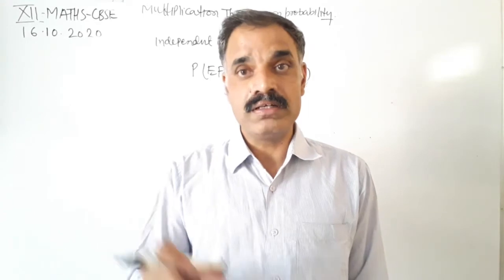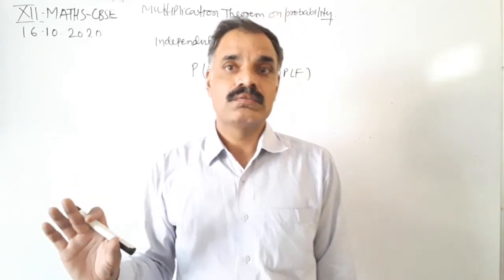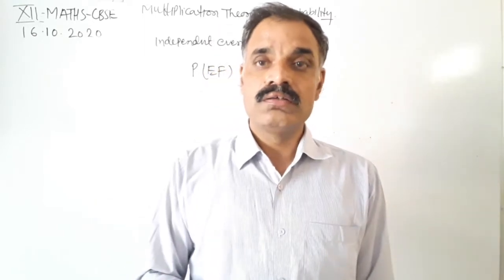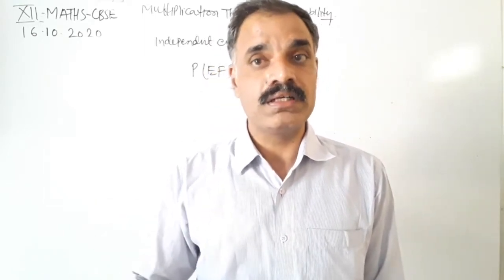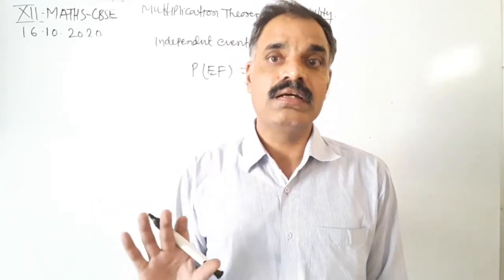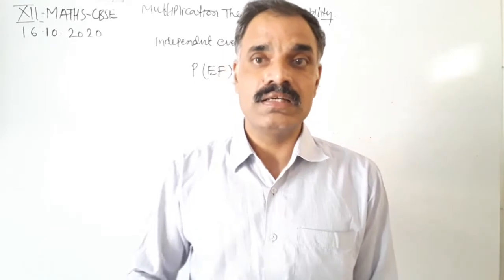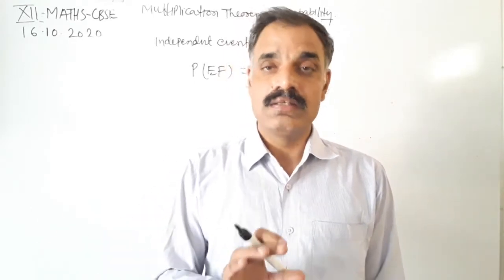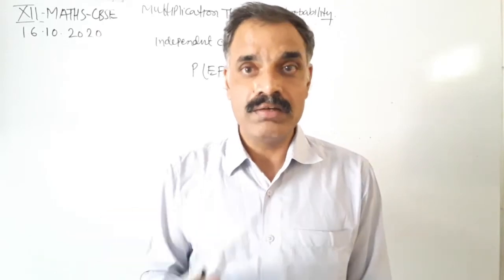So the drawing of the first ball does not affect the probability of the drawing of the second ball. Okay, so in this case we can say the events are independent events. Everybody clear what it means by independent events?